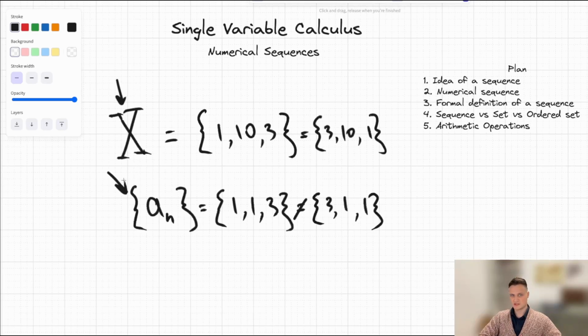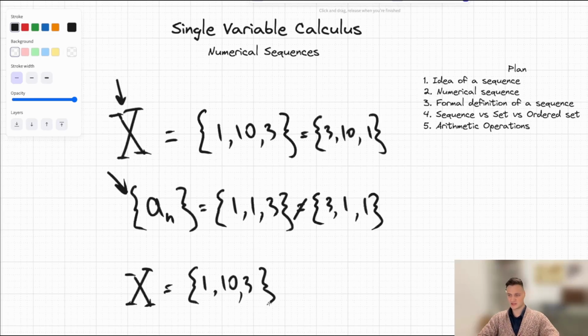Another interesting entity or mathematical abstraction is an ordered set. We haven't mentioned this previously, but I will briefly introduce it. An ordered set is a set where the order does matter, but still duplicates are not allowed. So an ordered set may be defined using capital X, and we say that this one is not just a collection of distinct or unique elements, but an ordered collection of elements.